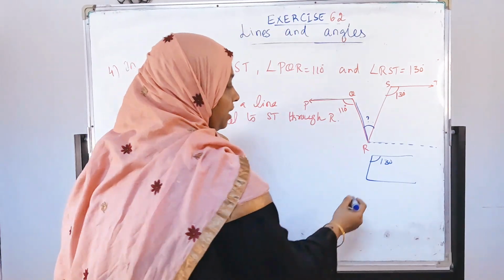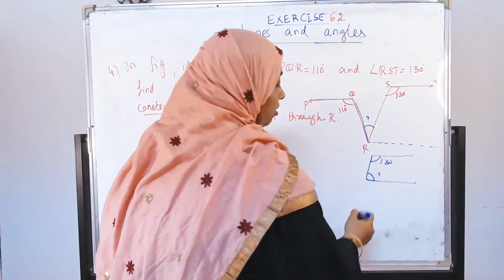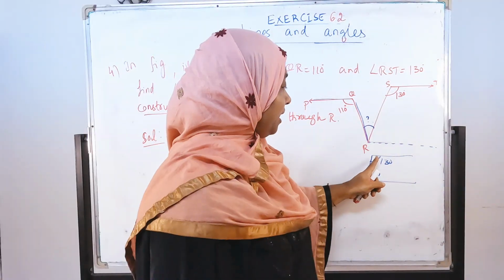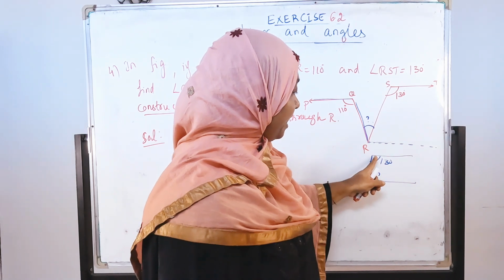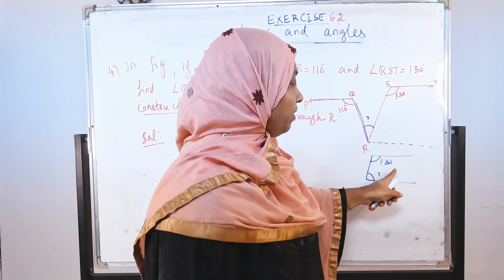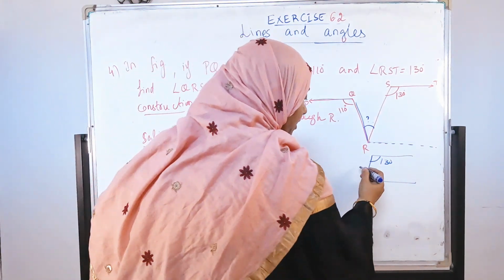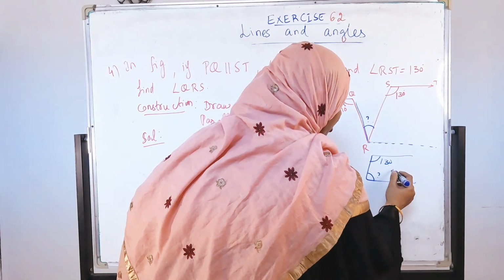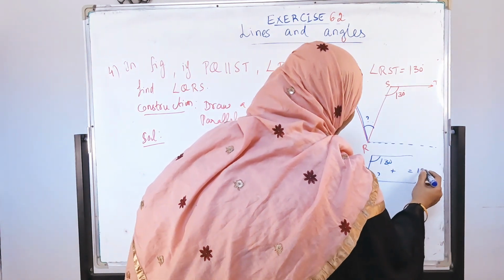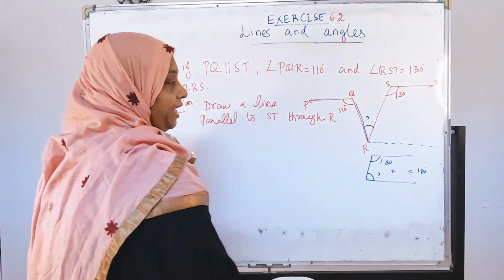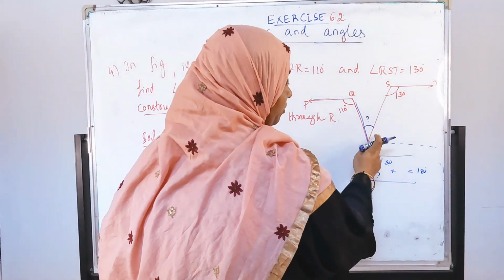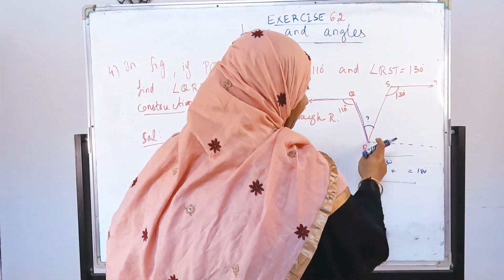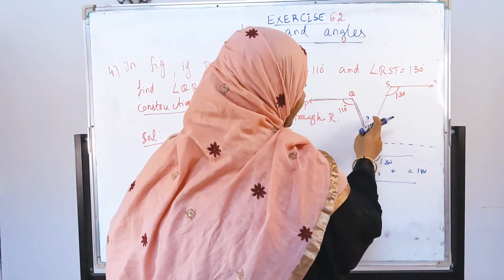So we can find this angle also by using alternate angles on the same side of the transversal. The sum is 180 degrees. If this box type is there, then adding these two parts will produce 180 degrees. So we can find this using this property. Then we can subtract and get this one.